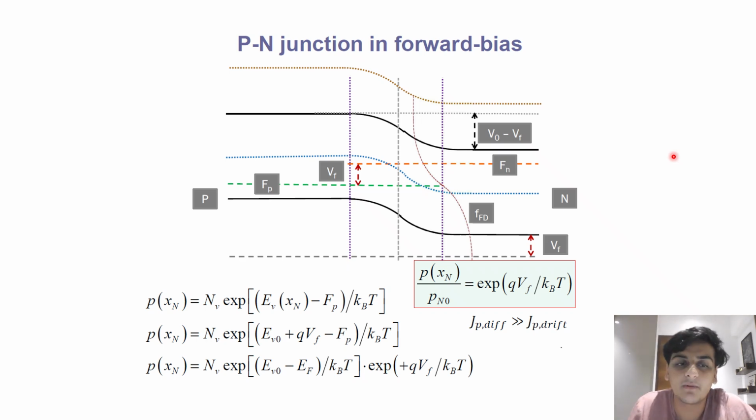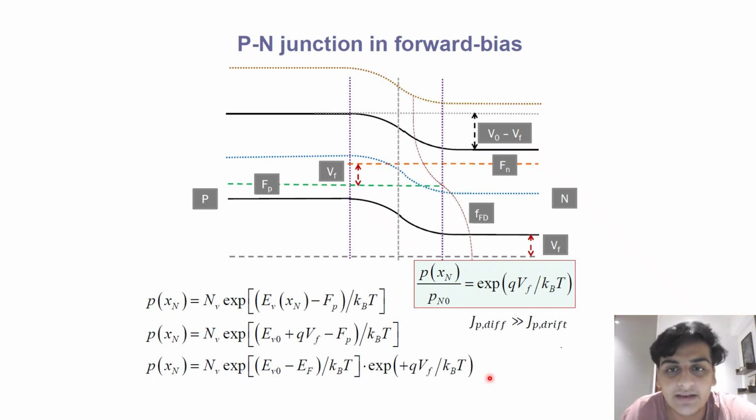So if we are talking about the concentration of electrons, we will use the quasi Fermi level of electrons. If we are talking about the concentration of holes, we'll use the quasi-Fermi level of holes. So mathematically, we can continue to use the concept of a Fermi level and plug it into our previous formulas by introducing these quasi-Fermi levels. So that is how we actually go ahead and use it.